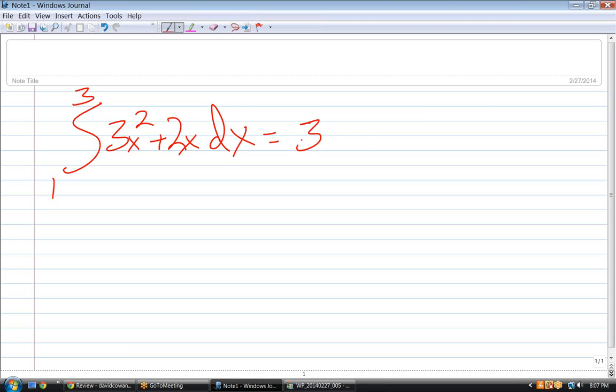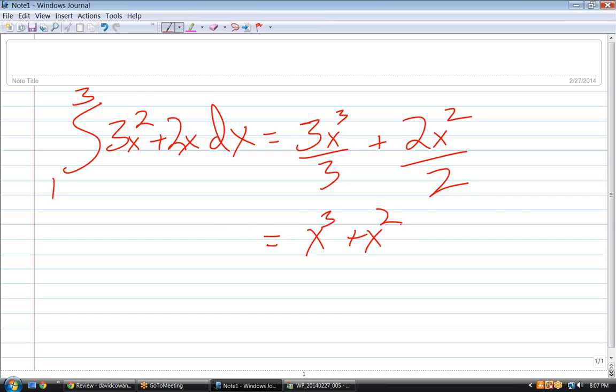So this becomes 3x cubed divided by 3 plus 2x squared divided by 2, which is x cubed plus x squared. We're going to evaluate that whole thing from 1 to 3. You know how to do?